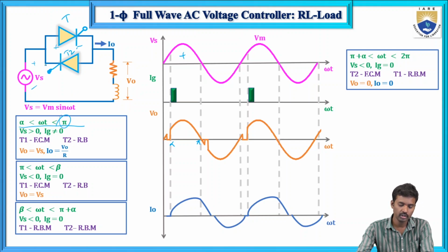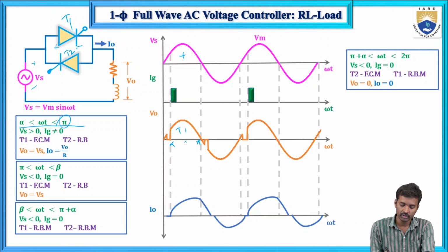Now T1 thyristor will conduct; T1 is in forward conducting mode and T2 is in reverse blocking mode. V0 equals Vs, it follows the supply voltage, and I0 equals V0 by R. It will conduct up to here.